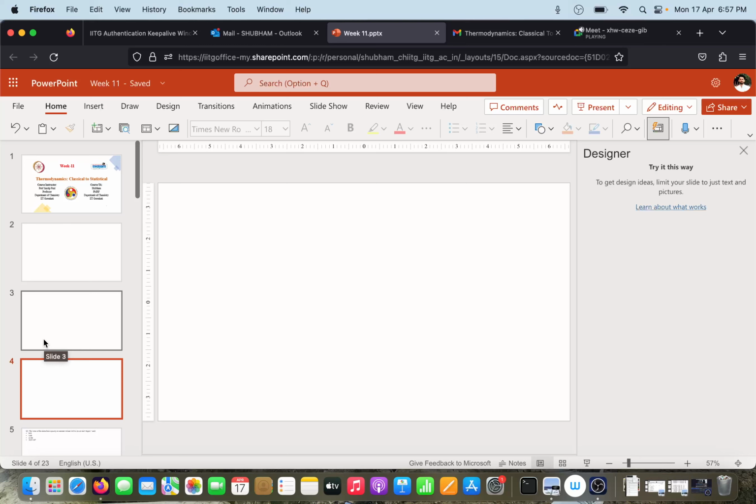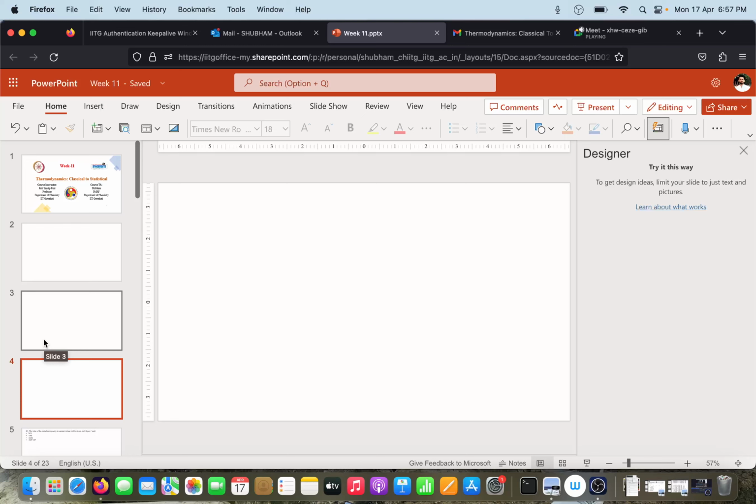This is 9 into 2, 10 to the power 18, into 2.4 into 10 to the power minus 37. So into 2.4, this is 7.478 into 10 to the power 37 minus 18, that is 10 to the power minus 19.